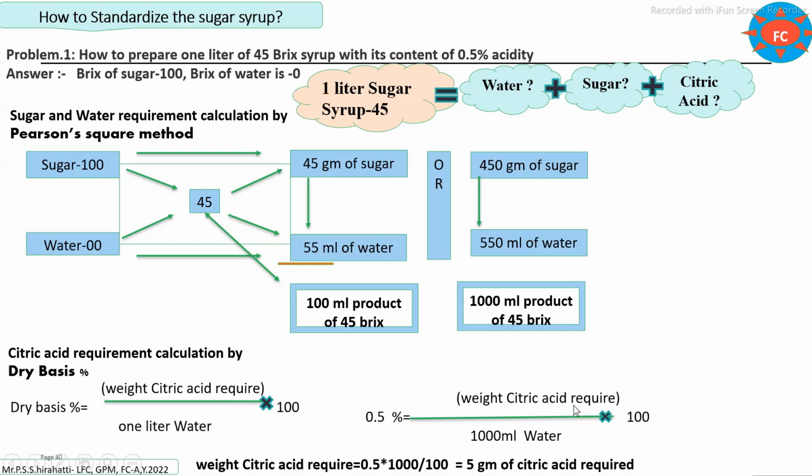The weight of citric acid to be added is calculated per 1 liter of sugar syrup. For the preparation of 1 liter of sugar syrup, after the calculation we get the value: 5 grams of citric acid must be added to 1 liter of sugar syrup. Finally, we get 0.5% acidity.